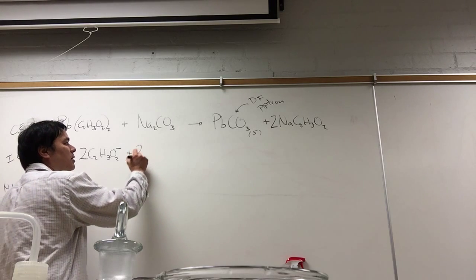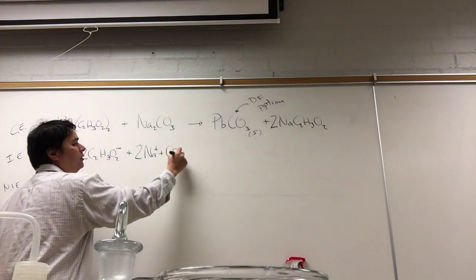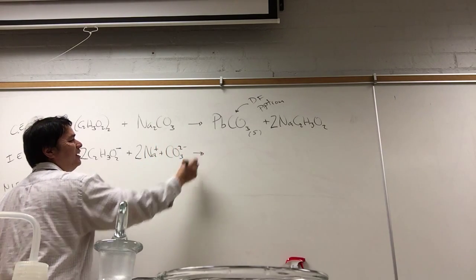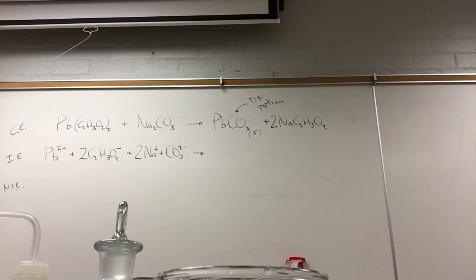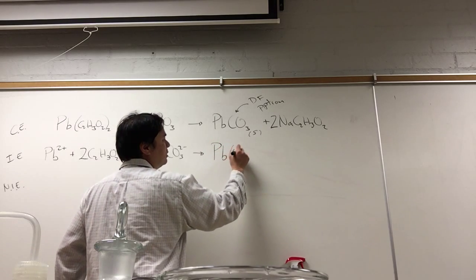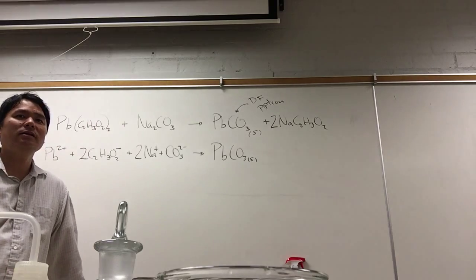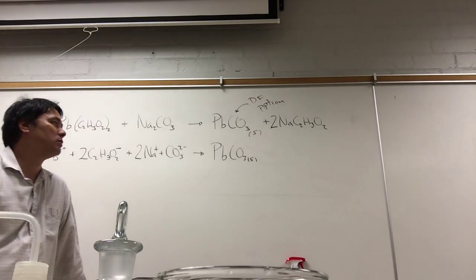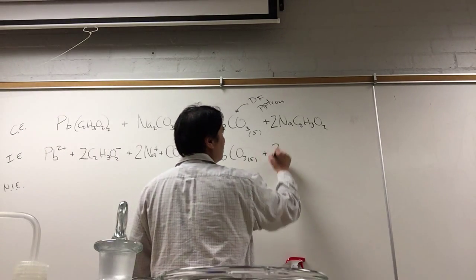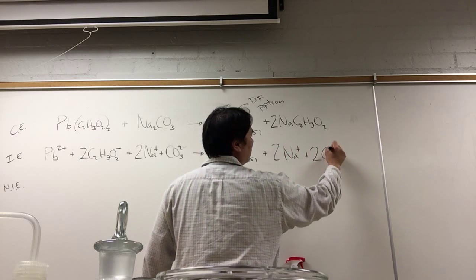And so this breaks up into 2 sodium ions plus 1 carbonate ion. Lead 2 carbonate, insoluble salt, which means don't do anything to it, just leave as is. Sodium acetate, soluble salt, so we dissociate this: 2 sodiums plus 2 acetates.